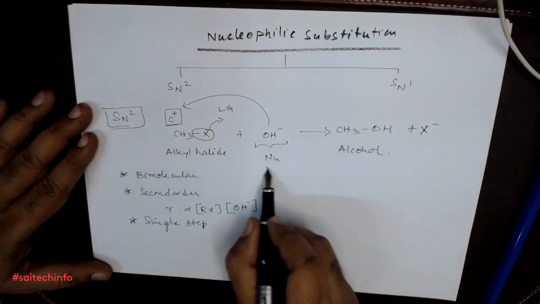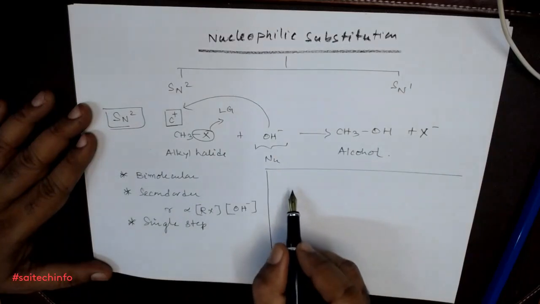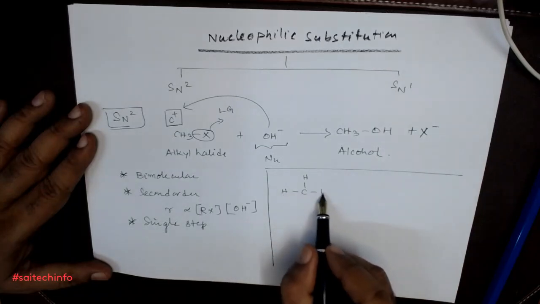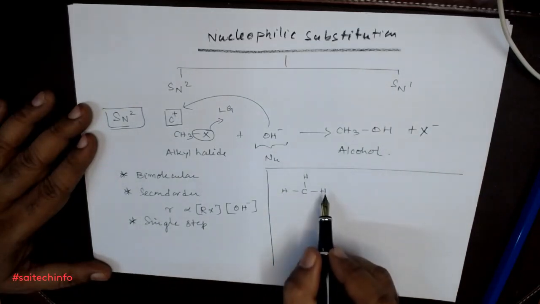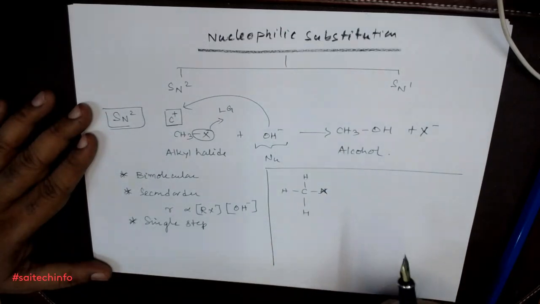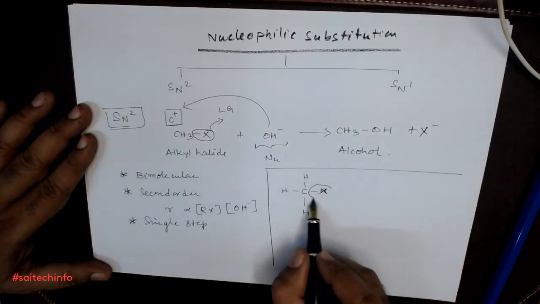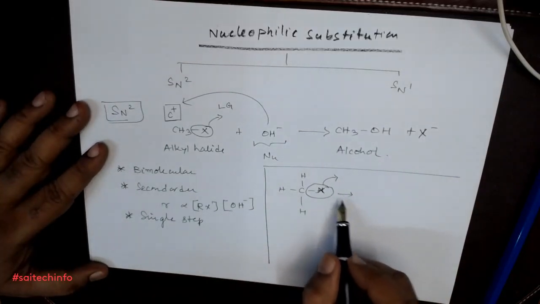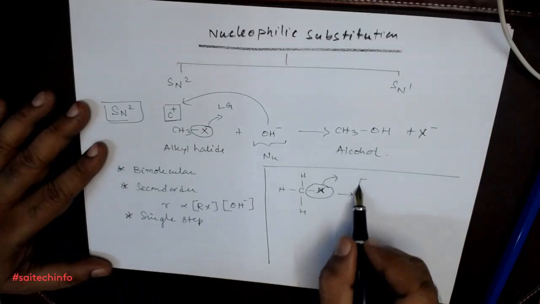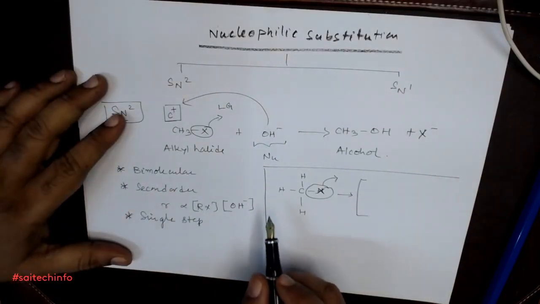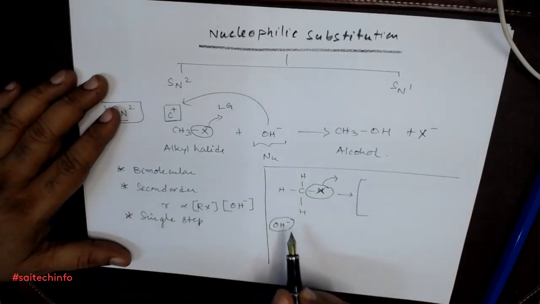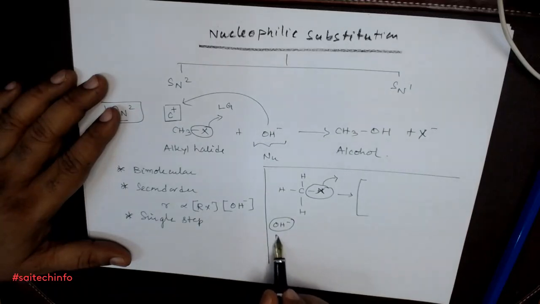Let us consider carbon here, hydrogen, hydrogen, hydrogen, and this is also hydrogen. So instead of a hydrogen you have X here, and this is the leaving group, LG. So it forms an intermediate like this, and there will be an OH minus ion, and this is the nucleophile.